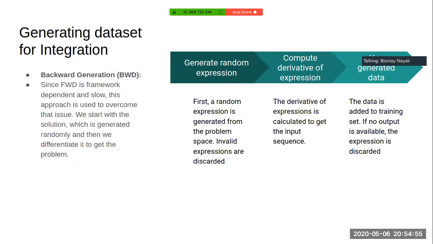So yeah, we first start with a random expression like in the previous step, and we calculate the derivative of the expression, and then it is added to the training set. It is very fast, much faster than forward generation, and it really doesn't depend on any kind of mathematical framework, and hence it gives us a better representative subset of our problem space.